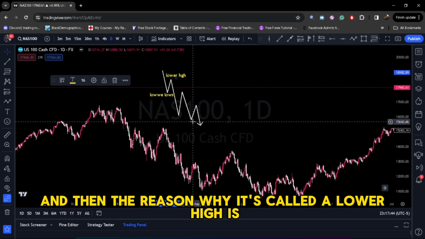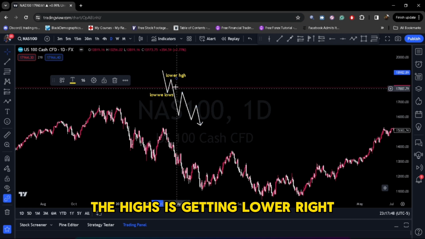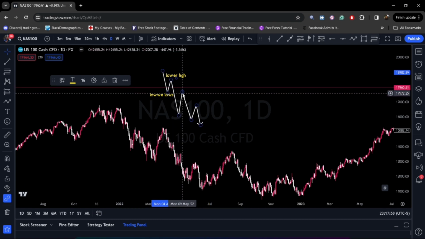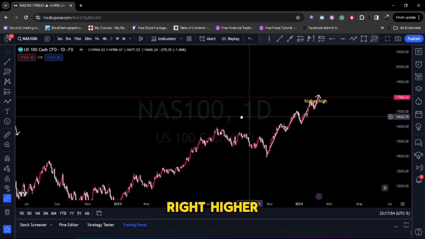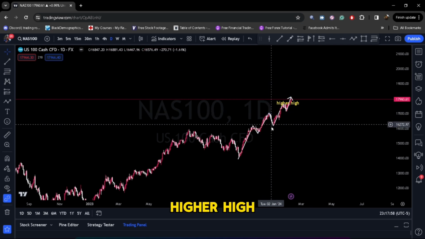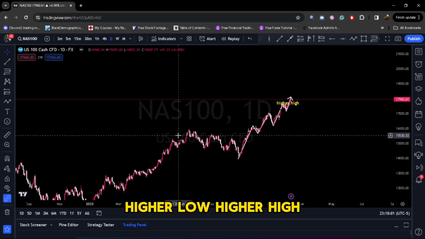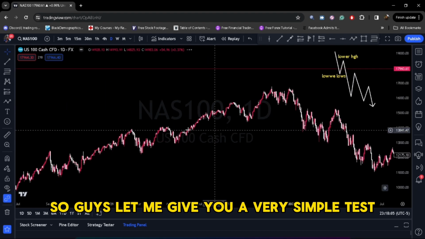And the reason why it's called a lower high is the highs are getting lower, right? So it's lower high, lower high, lower low, right? Higher high, higher low, higher high, higher low, higher high. It's really that simple.